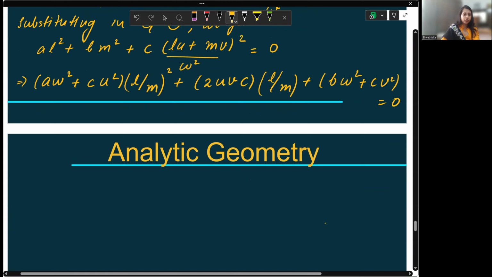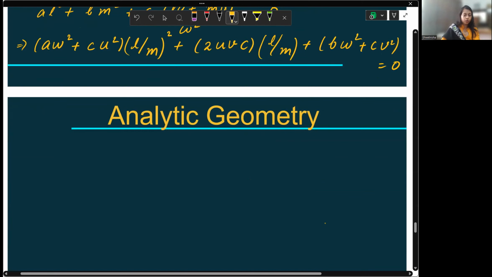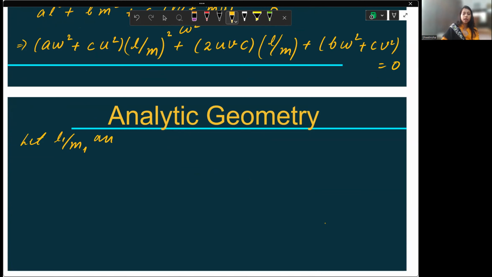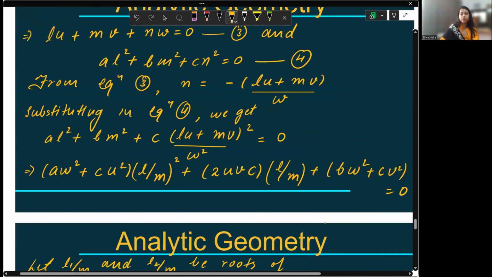Okay, this is just the simplification. So now I have an equation in terms of L by M. Let L1 by M1 and L2 by M2 be roots of equation 5.